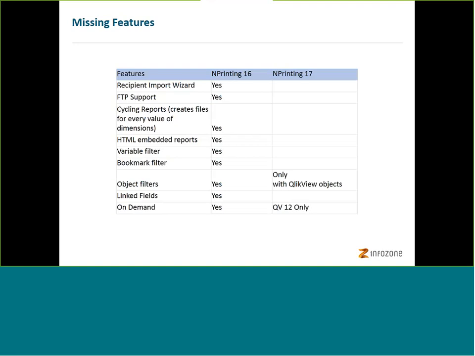So I click the field value of their specific value, and it would cycle through every single value that's for that field. That does not exist in NPrinting 17 yet. There's ways around it, and we'll talk about that in a little bit. But that's one of the big features that was in 16 and isn't in 17.